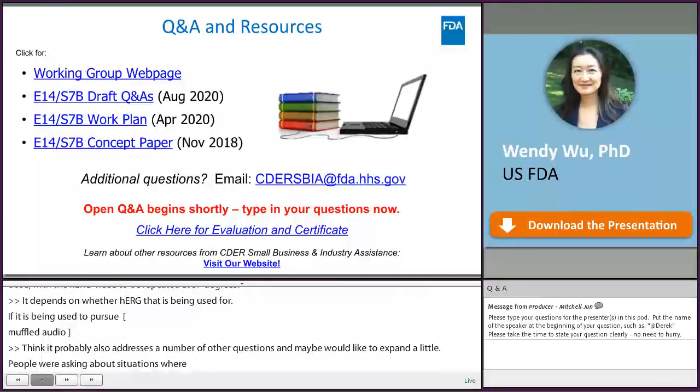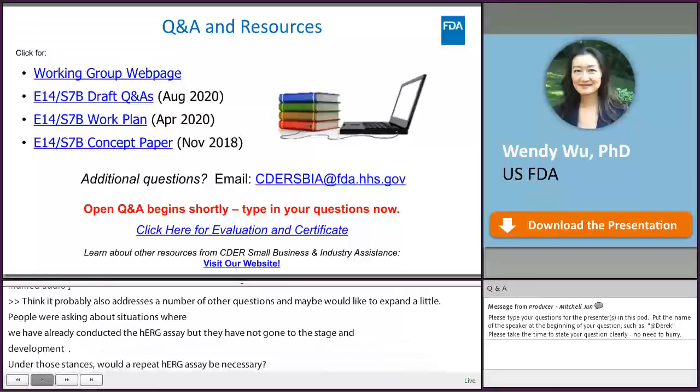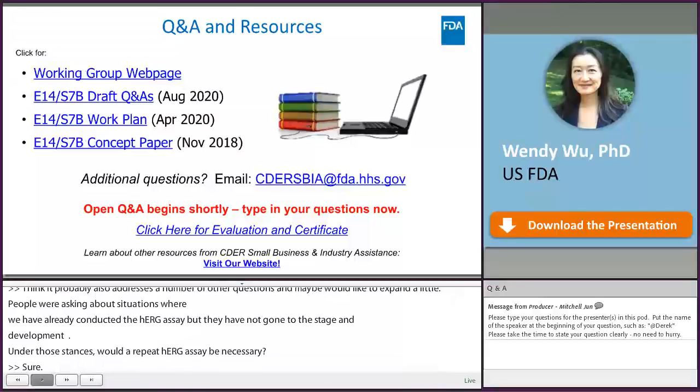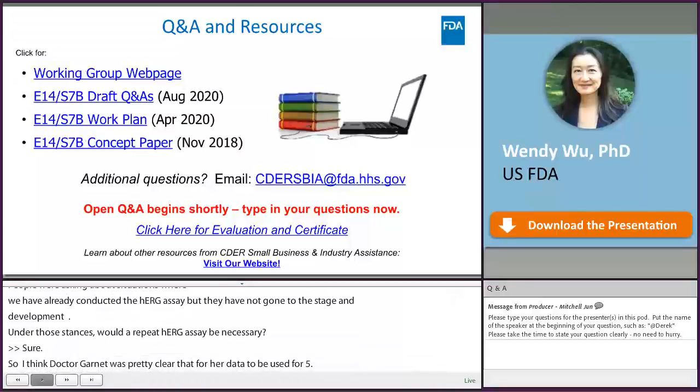Under those circumstances, would a repeat HERG assay be necessary? Sure. So again, Dr. Christine Garnett was pretty clear that for the HERG data to be used for 5.1 and 6.1, best practice HERG would be expected, and that will be following the recommendations in S7B Q&A 2.1.